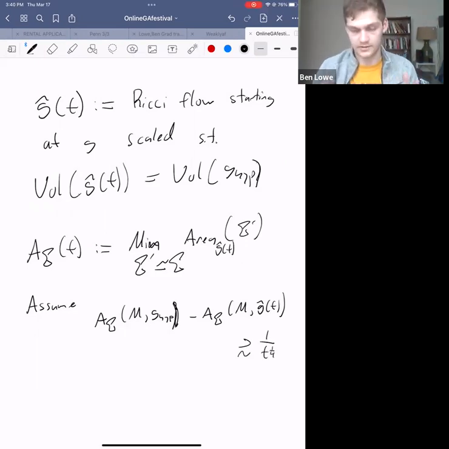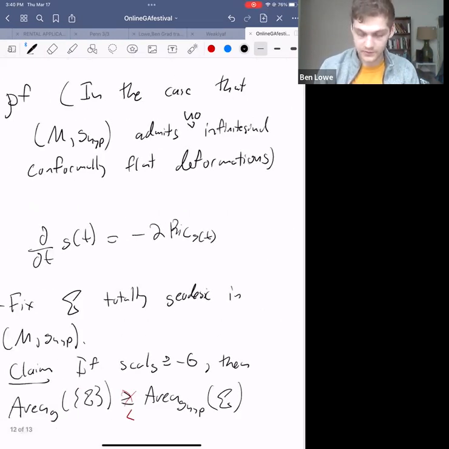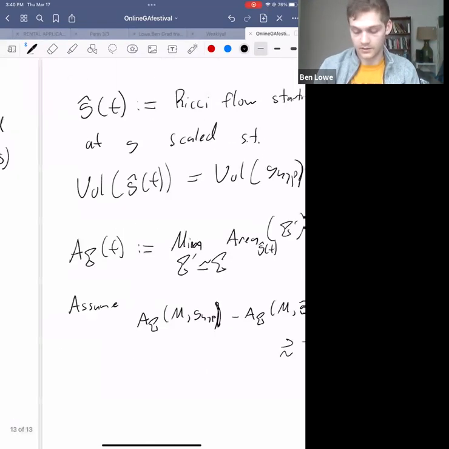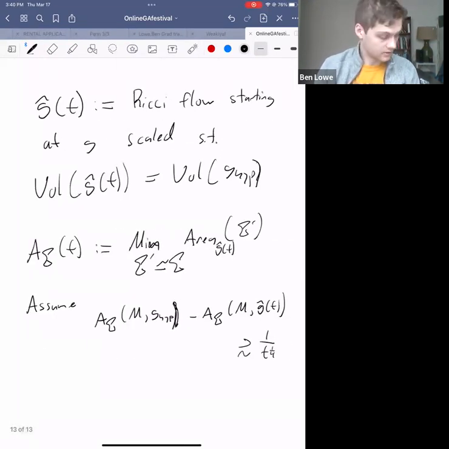So there's an ordinary differential equation we can write down, and assuming the inequality we want to show fails, assuming this inequality written in red, you get this inequality here by solving the ODE.